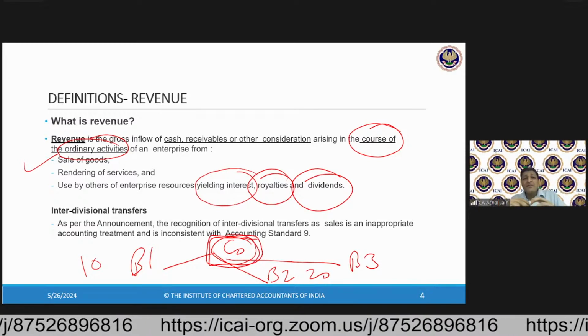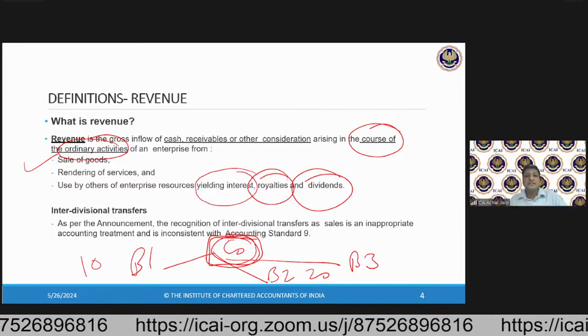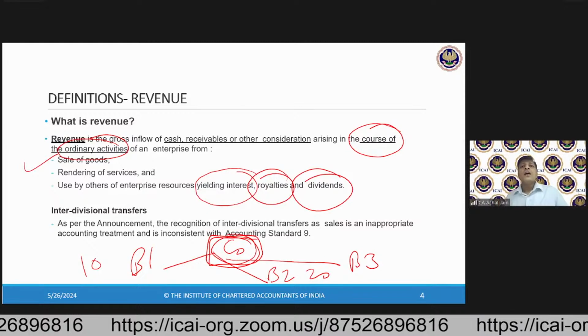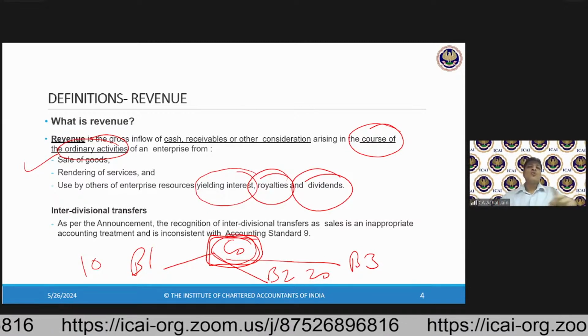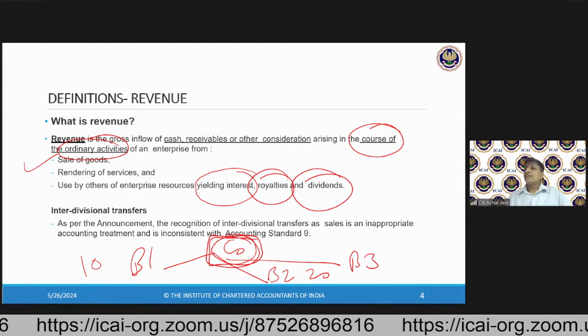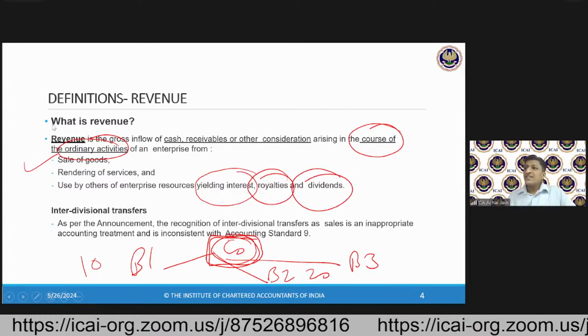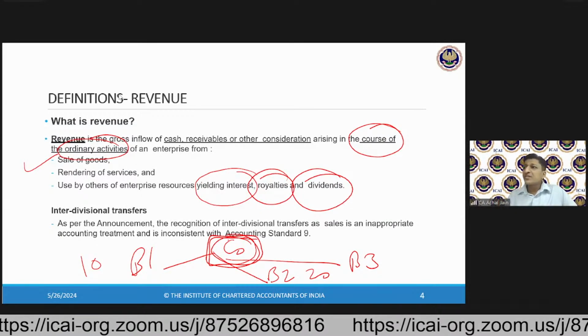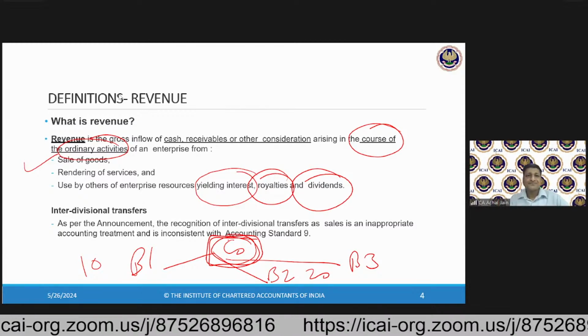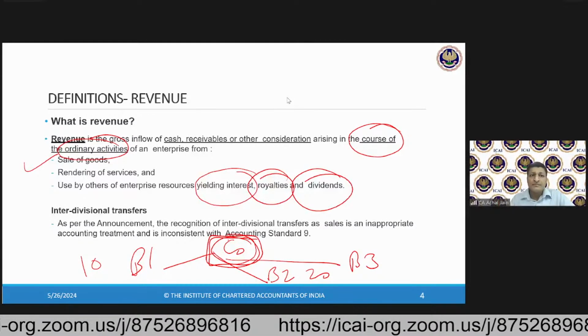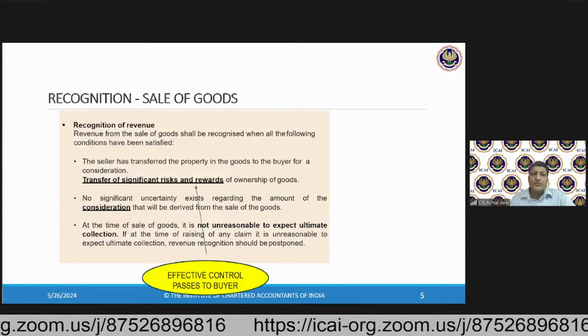So anything which is generated internally between the branches of the company will not be termed as revenue. Okay, and I think the same response I've received from Preeti, Unikrishnan, Baswant. Great. So this is revenue for us.